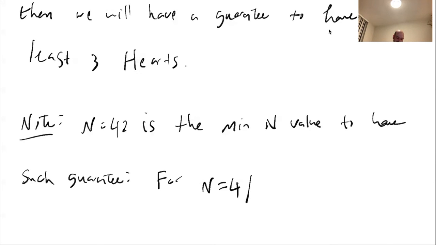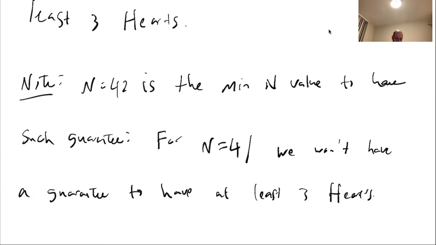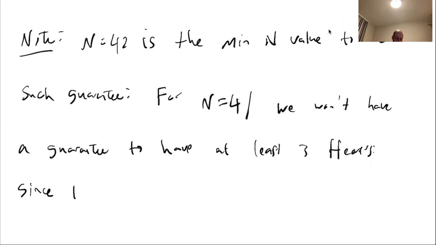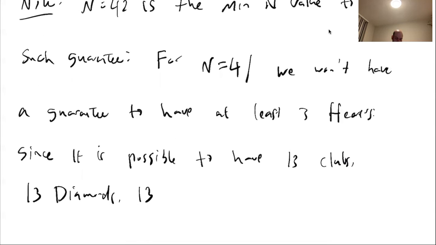So for n equals 41, we won't have a guarantee to have at least 3 hearts, since it is possible to have 13 clubs, 13 diamonds, 13 spades, and 2 hearts.